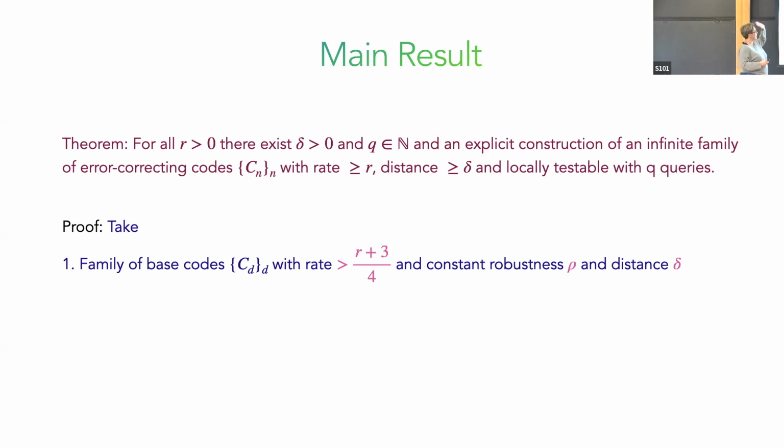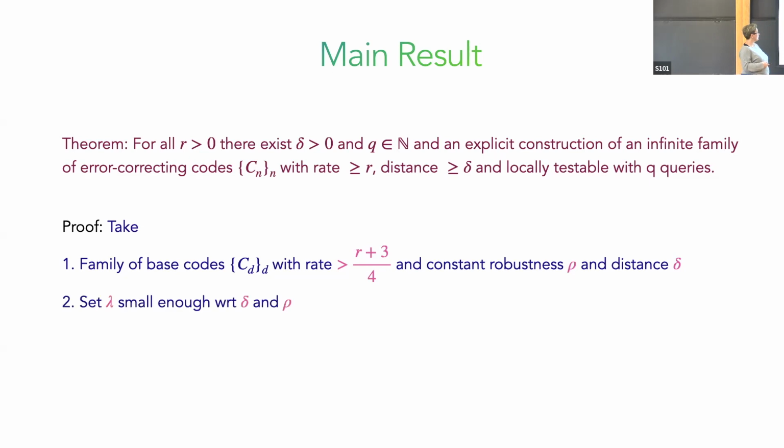Suppose we are happy with that. Then I want to just summarize and say, how are we going to get a family of error correcting codes with constant rate, distance, and locality? We start with some rate R. We take a family of base codes with rates that are sufficiently large, just inverting the formula.